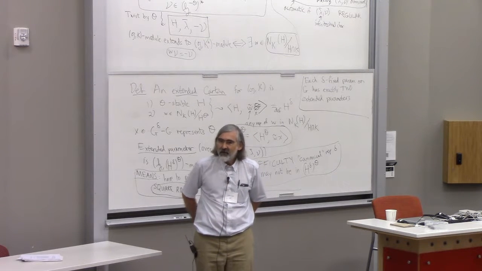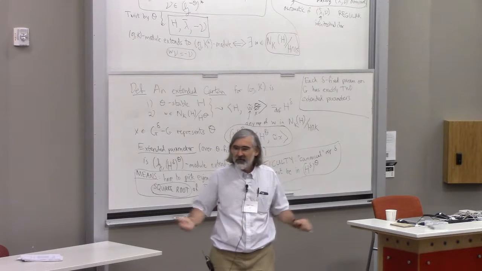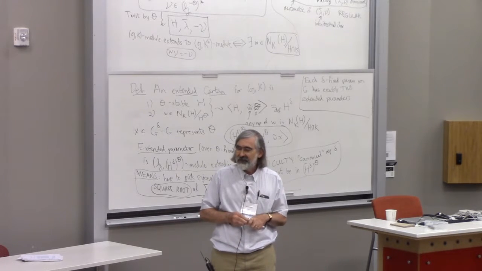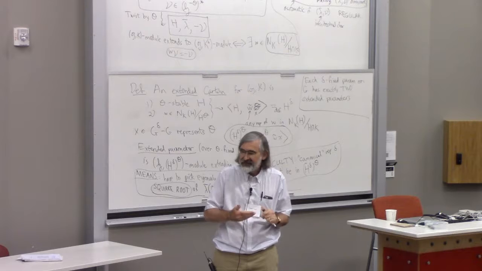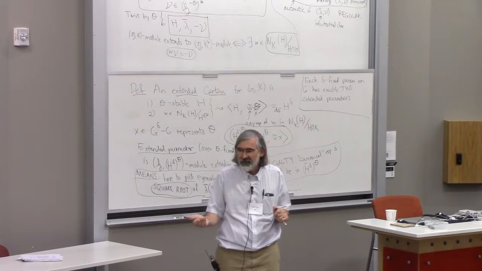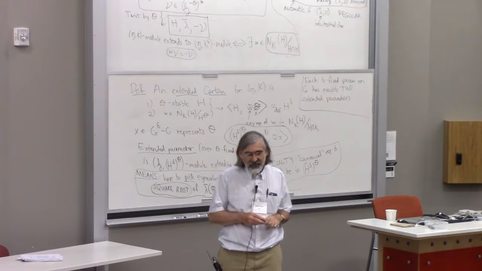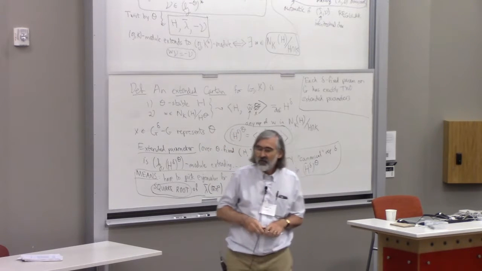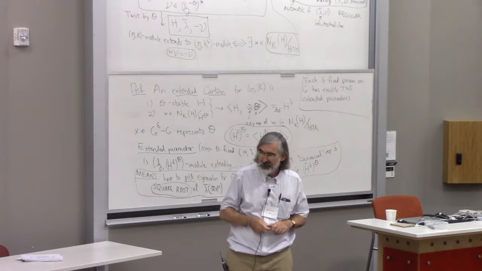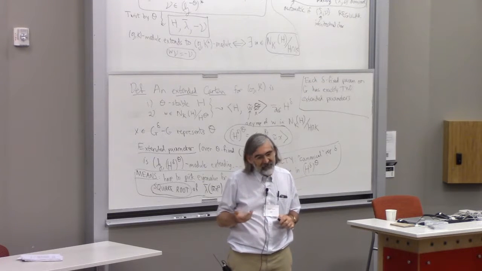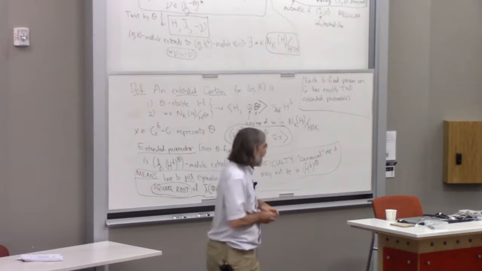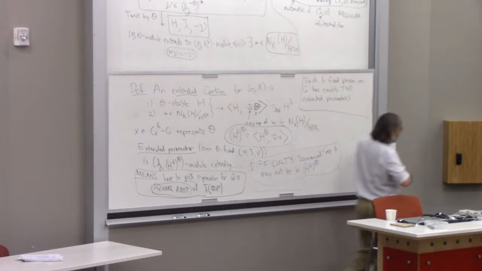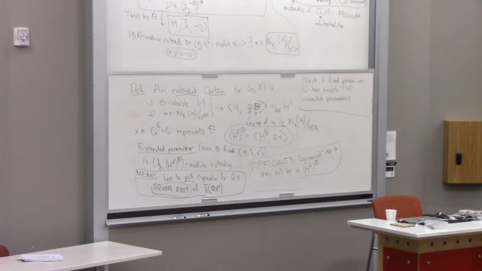What I was going to do for the next 20 minutes, if it ends up being a reasonable thing to talk about, is how this extension stuff works for Weyl groups. That's really interesting, and of course, the Kazhdan-Lusztig computation of these things is entirely run inside the Weyl group.